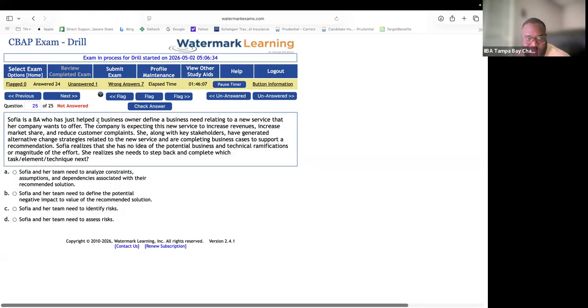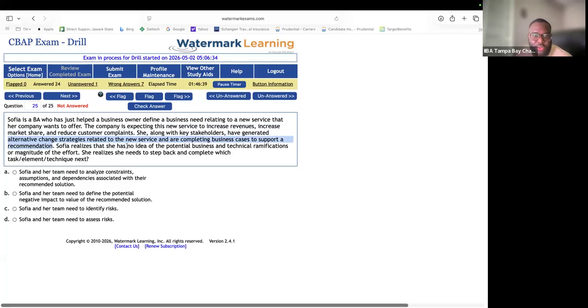This is a long scenario, so let us try to break it down. They are working to define a business need relating to a new service. The new service in question is supposed to do this. They generated a few change strategies related to the service, and they also completed a business case to support those recommendations.